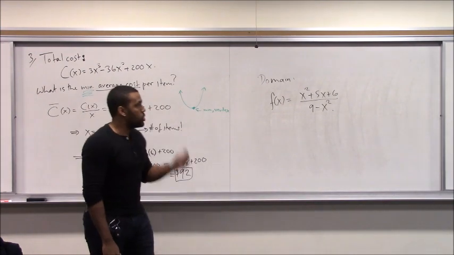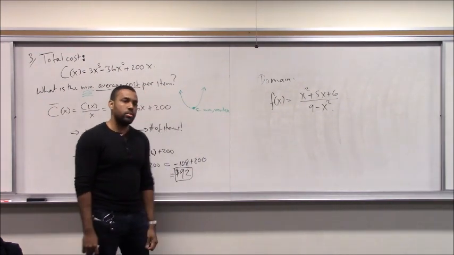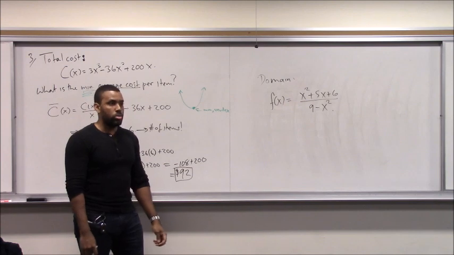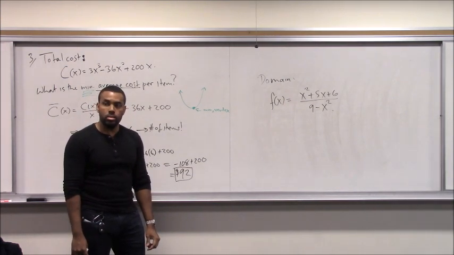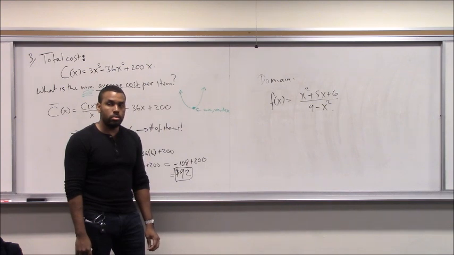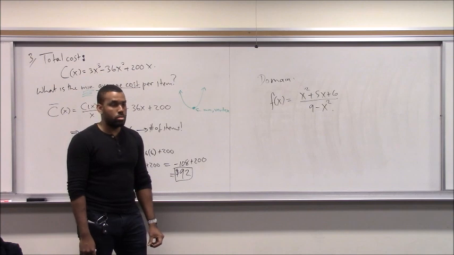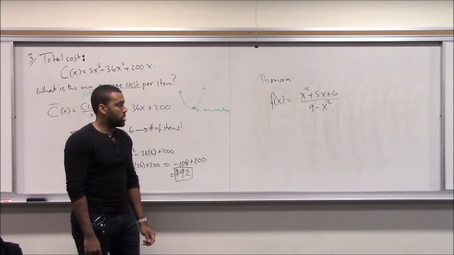Anyway, how would you find the domain of this function? Set the top and the bottom equal to 0? No. First, how do you find the domain of this function? Factor the bottom. Why would you factor the bottom?